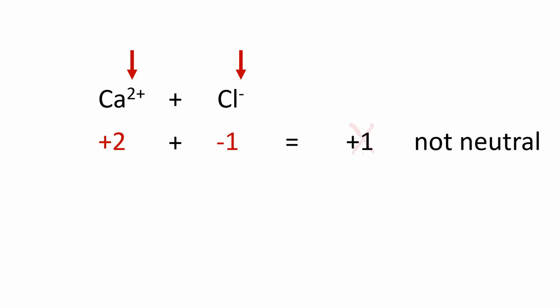And we would not have a neutrally charged equation. This means that we haven't had our charges come to 0 when we add them together. And what this means is that we're going to have to do some more work to get this balanced and neutralize those charges, that is, get that math to come to 0, before we can complete the formula for our compound.